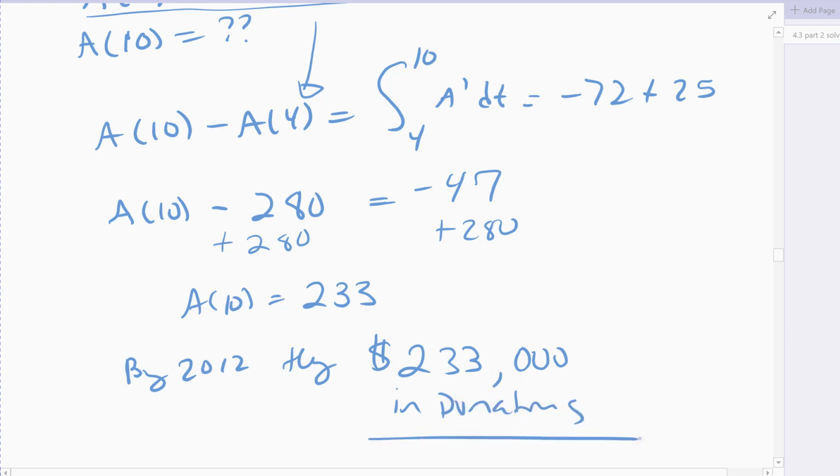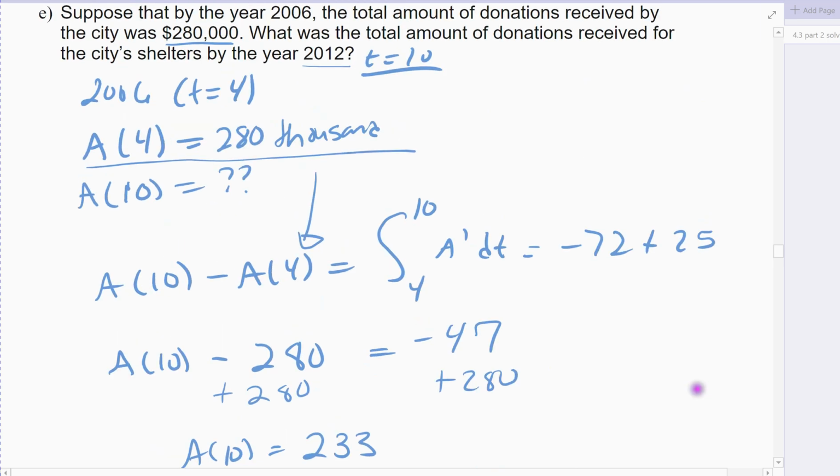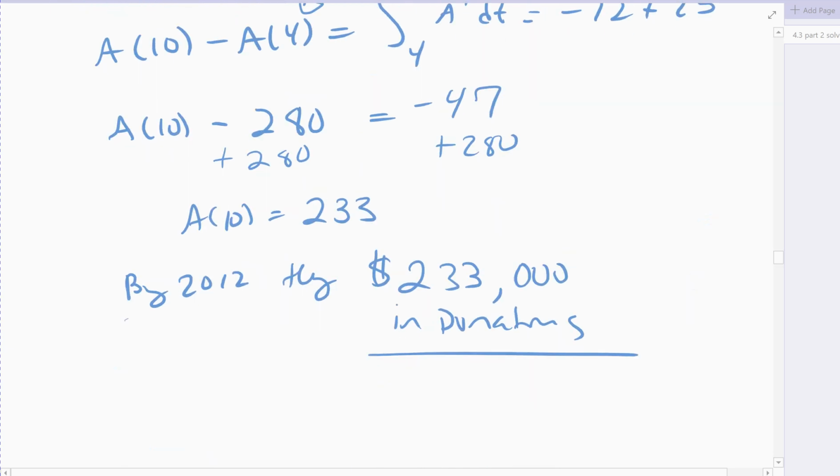All right, that's how much donations there were at the end, or by 2012, right? Make sure I write the right time down, yes, 2012. All right, so again, they went from 280,000 to 233,000. My brain's a little mush today.